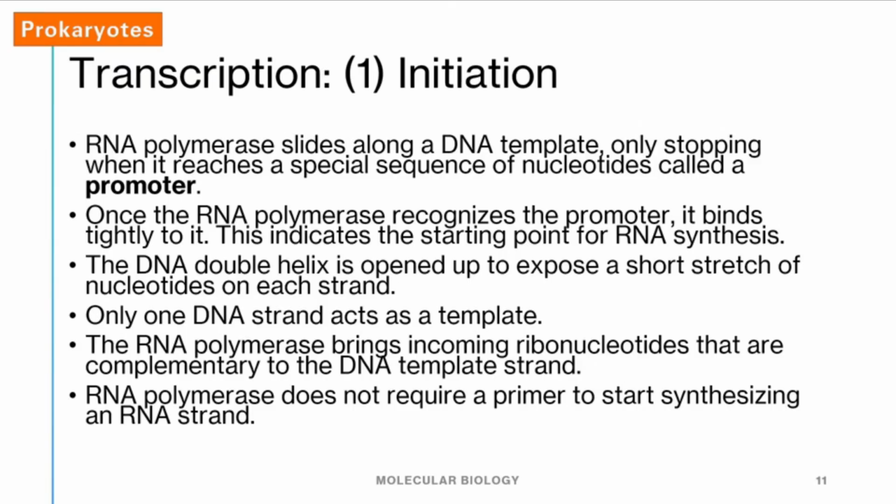Now, one thing that's different between RNA polymerase and DNA polymerase is that it doesn't require a primer to start the synthesis of the RNA strand. In other words, it's able to attach a new nucleotide without a free 3' end.